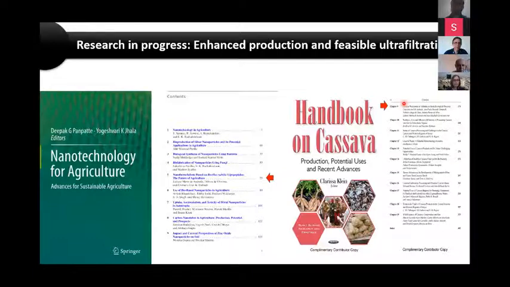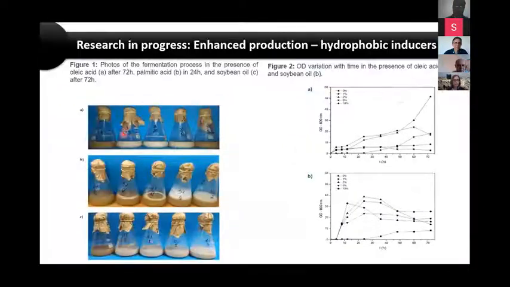In these, we have described the potential of cassava wastewater as a low-cost culture medium for pigment production, biomass, biogas, and plenty of other possibilities. These are some results. We tried to identify specific components as hydrophobic inducers in cassava wastewater, and they changed the microbial growth a lot.